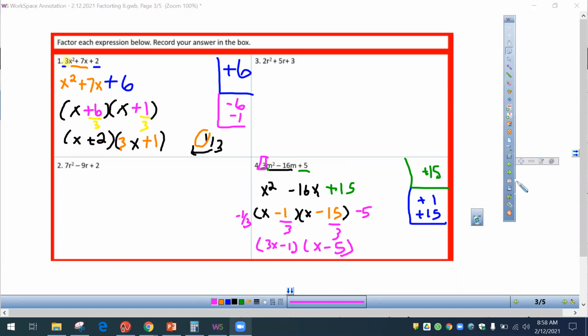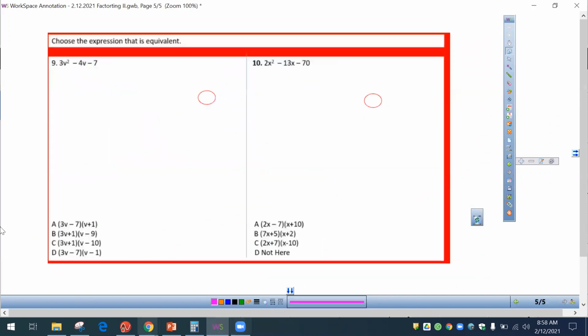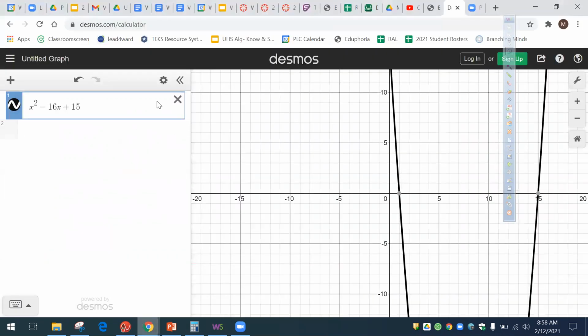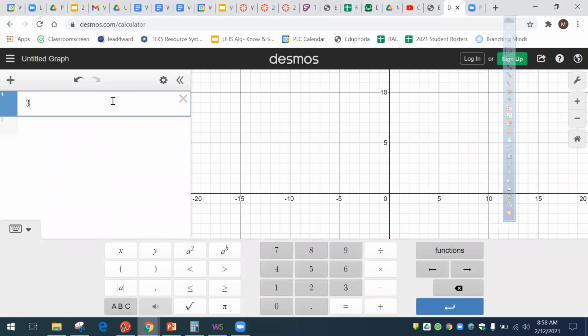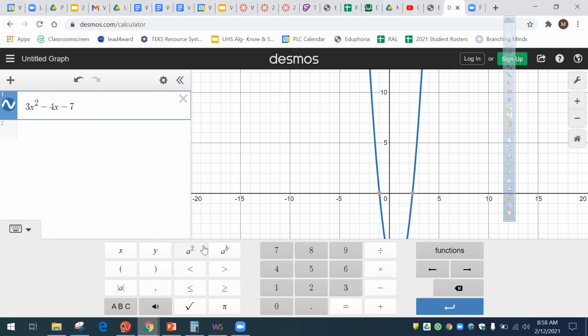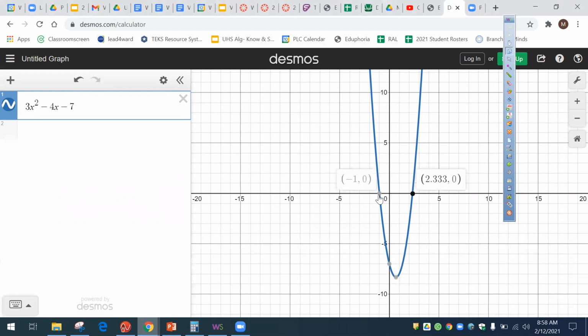Now the 2 at the end, what you can do is you can just type one of these into the calculator, see which one matches up with this one. So you would change all those to x's, by the way, 3, -4, -7. So you have your quadratic right there.